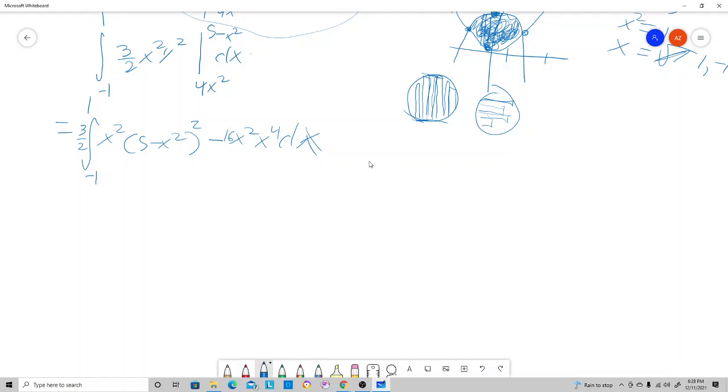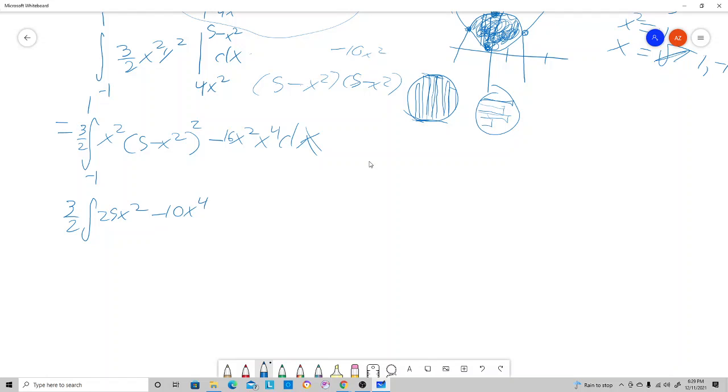The best thing to do here is to simplify it, so let's FOIL this. Let's expand it. This would become 3 over 2. This will become a 25 with this x squared, so 25x squared. This will become a negative 5x squared, and then another one, so it will become a negative 10x squared. Then with this x squared, we have a negative 10x to the 4th.